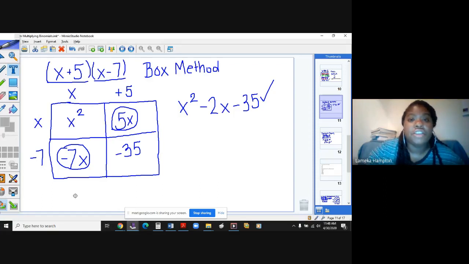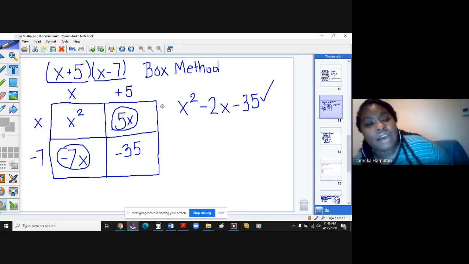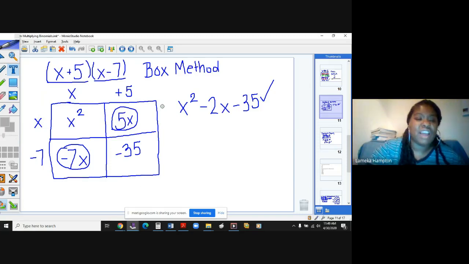So again, this is nothing more than multiplication. So what I am going to do, I'm going to multiply x times x, and I'm going to put my answer here, which is x squared. Then I'm going to say x times 5, which gives me my 5x. Okay, so my two top boxes are filled. So that means my bottom boxes have to be filled.